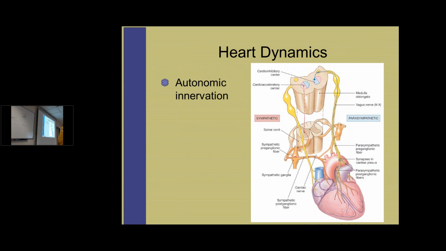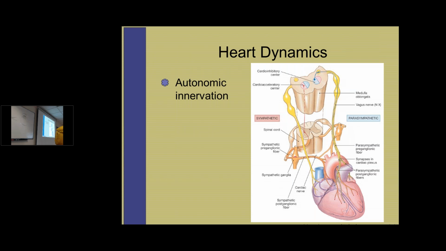This is the fancy name for the cardioacceleratory center. Basically, it comes from the brainstem and has that sympathetic connection. You also have sympathetic preganglionic fibers from the spinal cord, and that also has connectivity to the SA node and to the rest of the heart, giving signals to increase or decrease either contraction or heart rate.